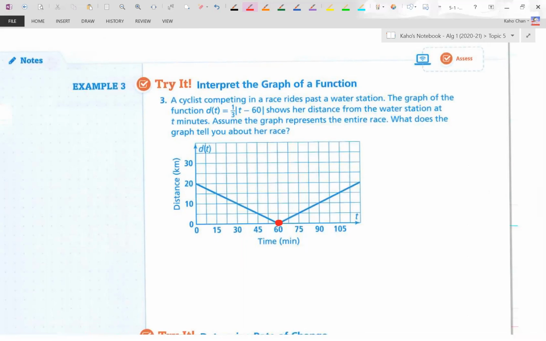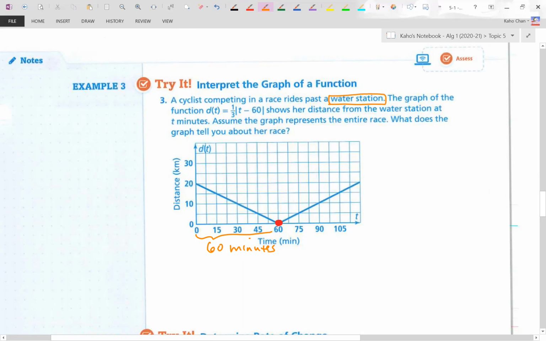Kind of tells you that the cyclist took 60 minutes. Think about that. To ride her bicycle. That's 60 minutes away. To reach that water station. That's how I'm interpreting this particular graph.